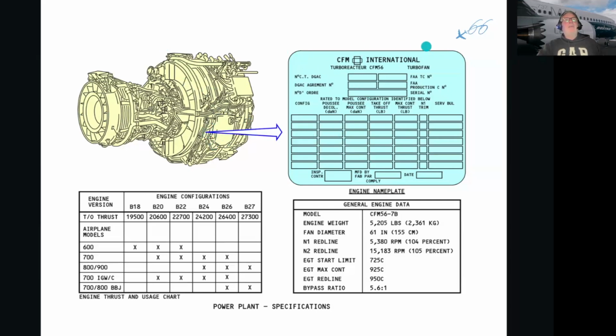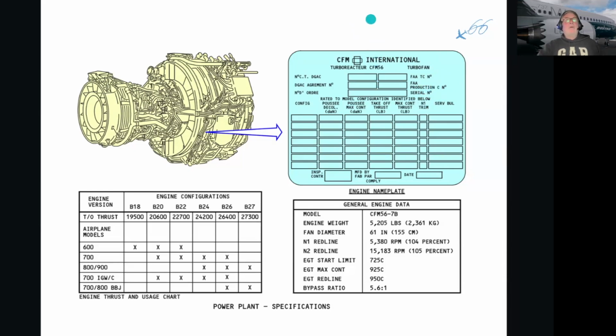Now this is a very interesting data plate because it's divided into two sections. You can see on the left it's the DGAC, which is EASA, which is France, because the engine could have been built by SNECMA, a French company, under EASA regulations. Or on the right-hand side, it could be manufactured by GE, and it comes under the FAA regulations.